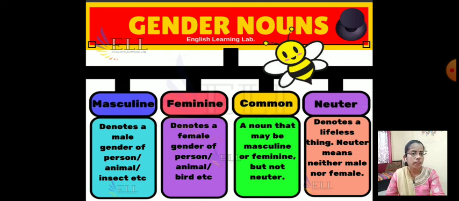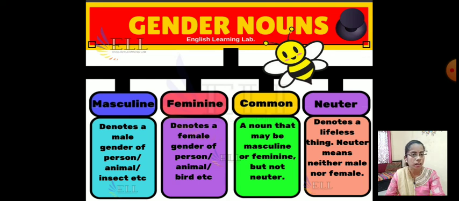Feminine gender denotes a female gender of person, animal or birds. Common gender is a noun that may be masculine or feminine but not neuter. In the common gender, male and female both are included.